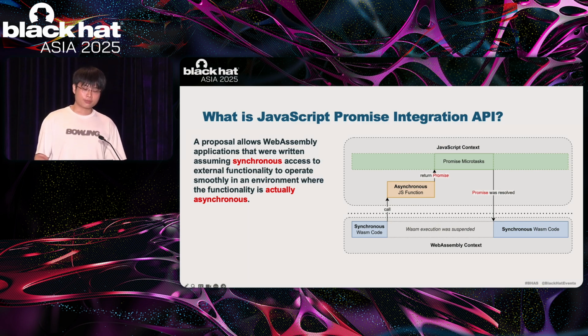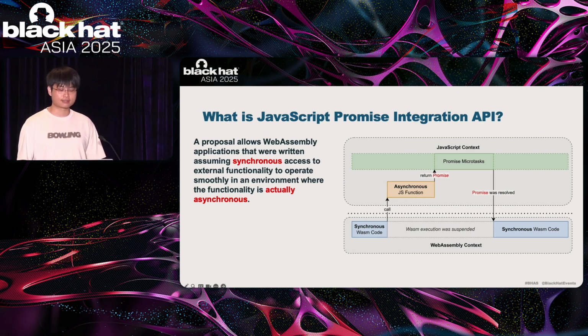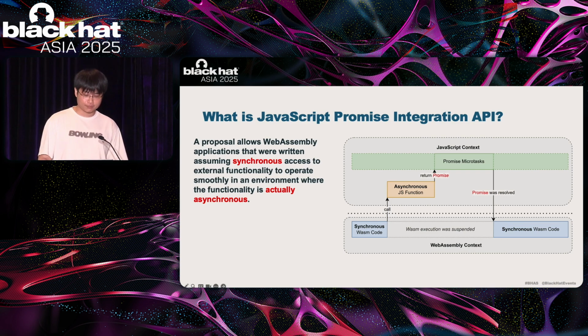execution. From WebAssembly's perspective, this entire process appears as a normal synchronous function call, even though it actually spans an asynchronous boundary. So this seemingly straightforward mechanism involves complex execution stack management. When WebAssembly execution is suspended, the entire execution context, including stack frames and local variables, must be preserved.